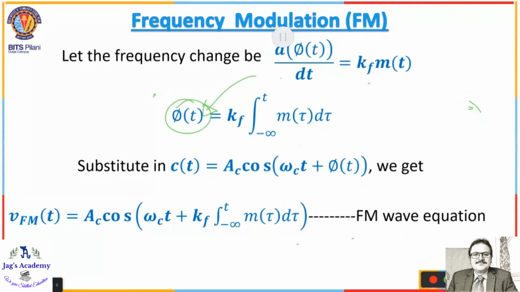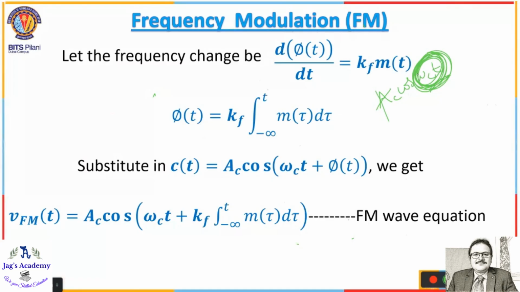Those who have not understood, once again I will explain so that you can understand. Don't get confused. From where exactly have we started? We have started from a carrier wave, and we are not going to touch this. We are going to touch only this. And what is this? This is nothing but the frequency of a carrier wave. And this frequency of the carrier wave, now we are varying according to the instantaneous message signal.